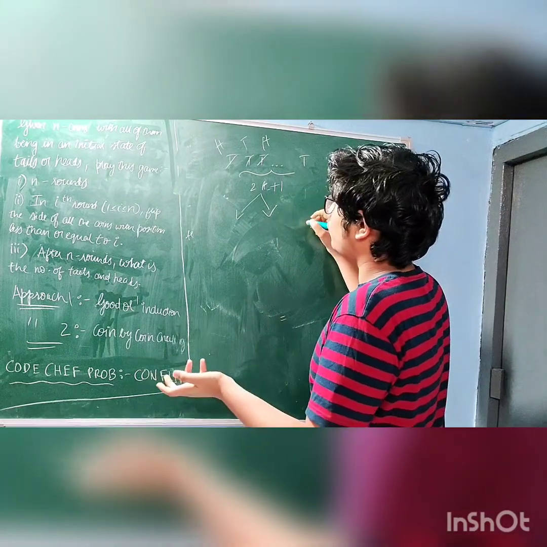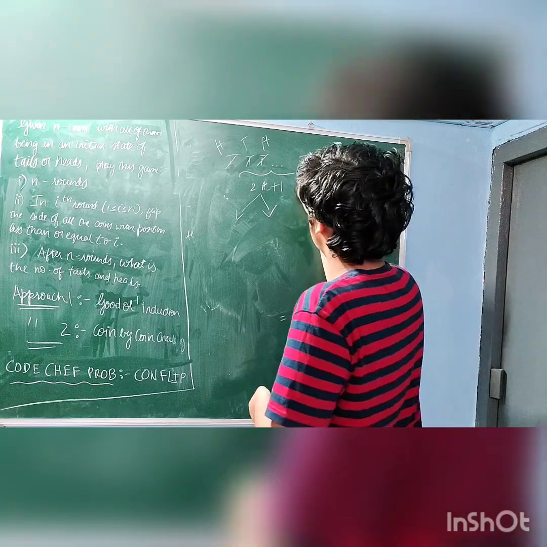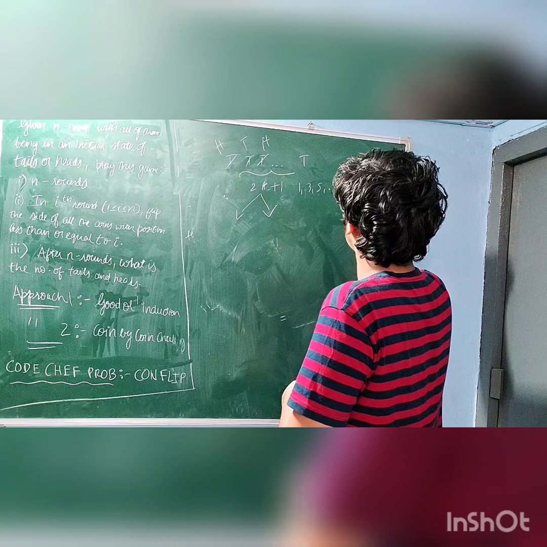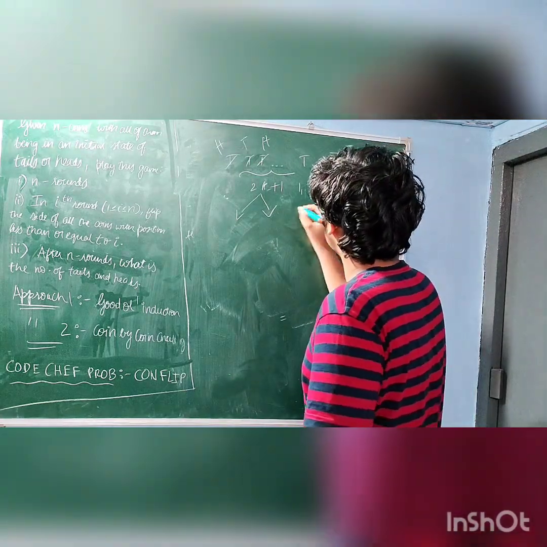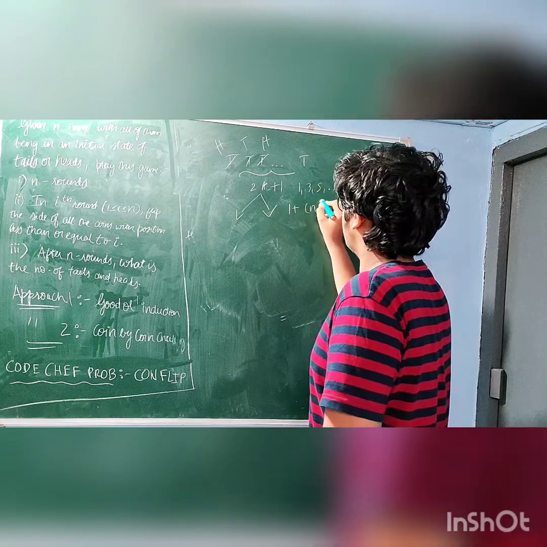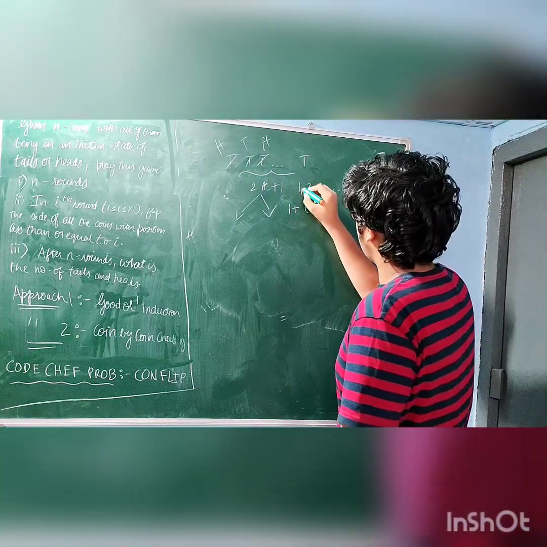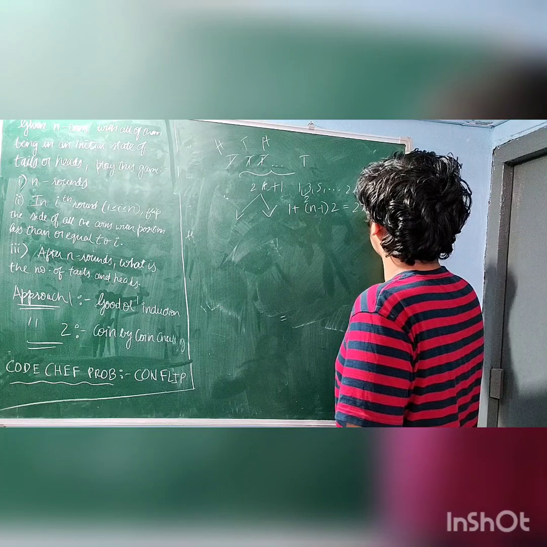Let's count the number of odd numbers less than or equal to one odd number, shall we? It can be 1, 3, 5 until 2k plus 1. Using the general formula of an arithmetic progression, we get 1 plus (n minus 1) times the common difference 2, equal to 2k plus 1.